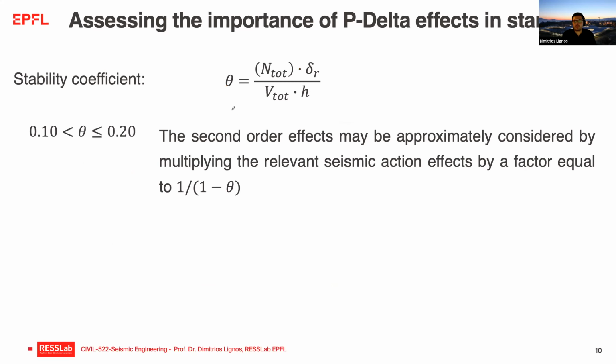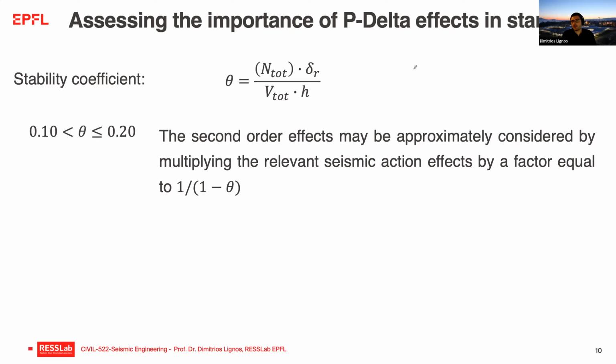What are these cases? If you compute the stability coefficient and it is between 0.1 and 0.2, then the second order effects may be approximately considered in your analysis by multiplying the relevant seismic action effects by a factor equal to 1 over 1 minus theta.